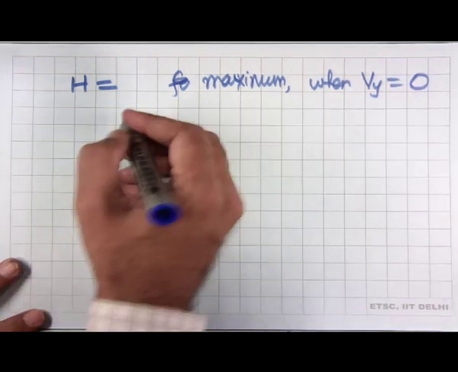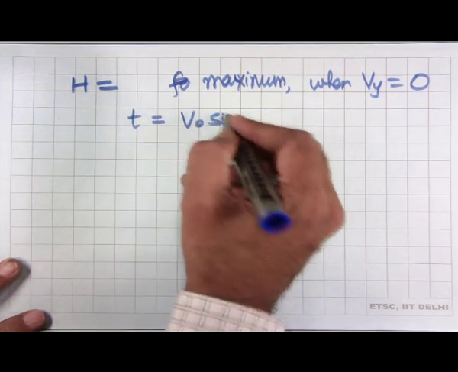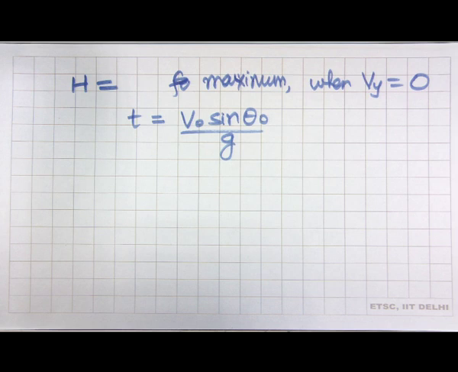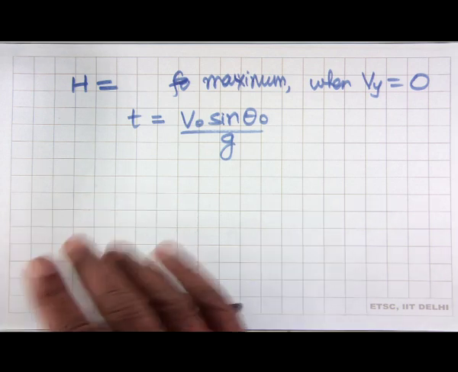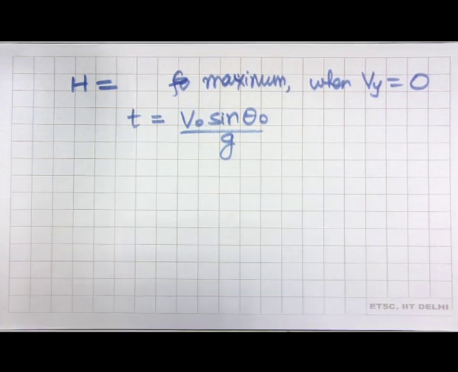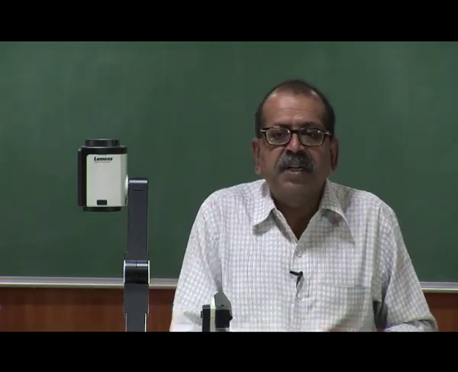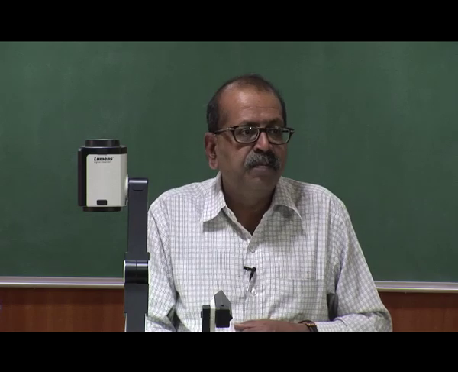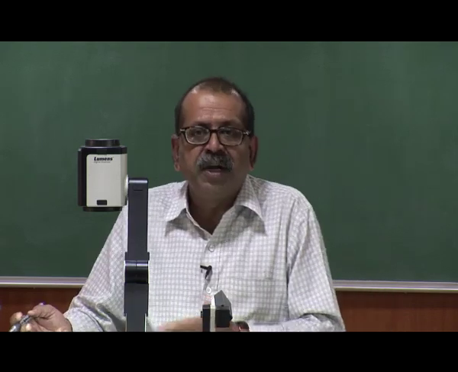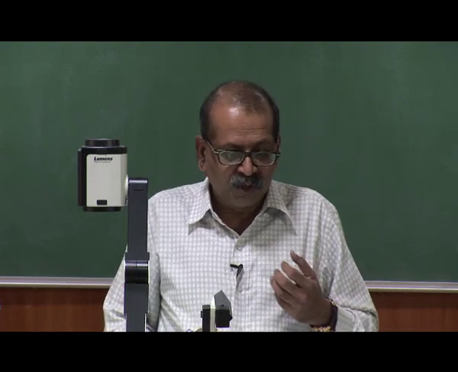So, therefore, when you put Vy is equal to 0, the time turns out to be equal to V0 sin theta 0 upon g, and you will realize this is half the time which it takes to complete its motion to reach the same level, and this should be expected because the time a particle takes to go up is the same time it takes to come down in 1D motion, and the vertical 1D motion in a projectile is decoupled from the horizontal motion.